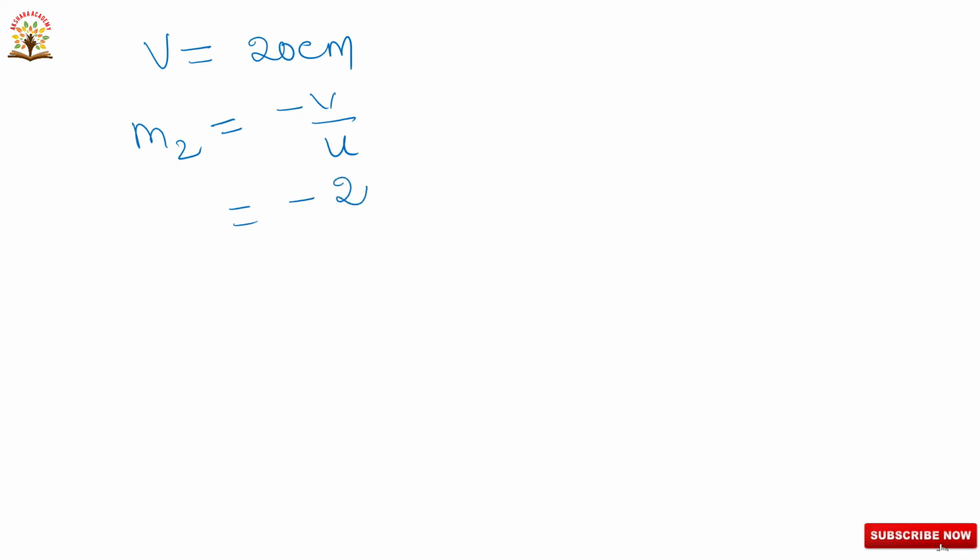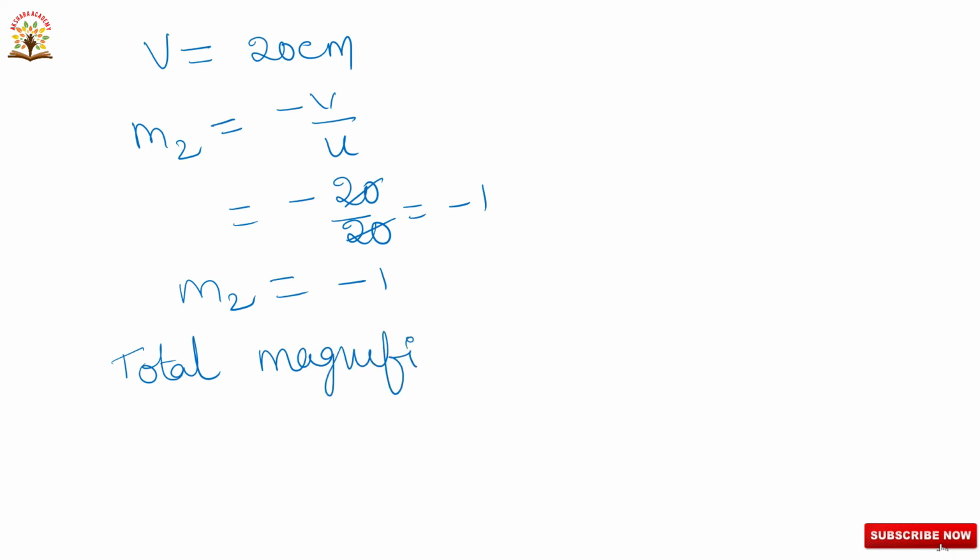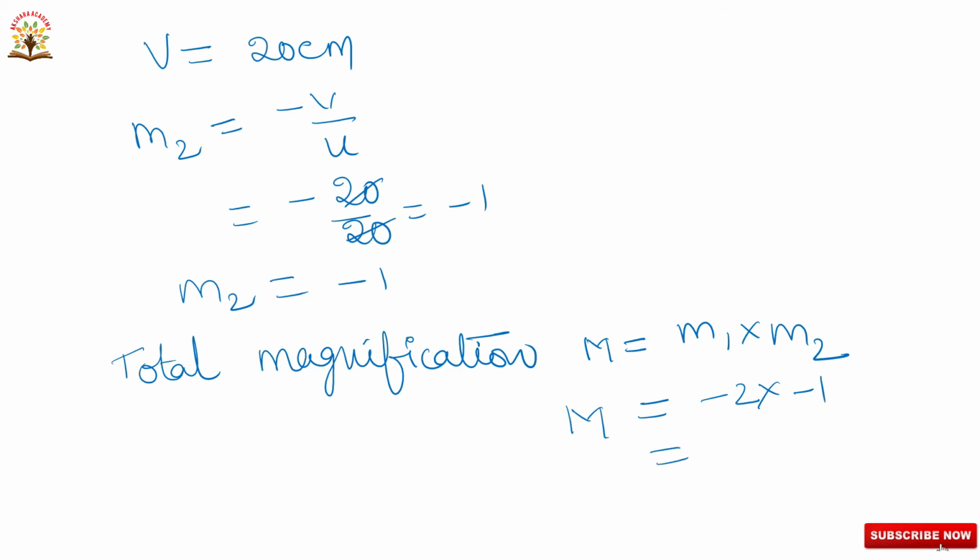Now M2 is equal to minus V by U, so minus 20 by 20, which gives M2 is equal to minus 1. So the total magnification M is equal to the product of M1 and M2, that is minus 2 into minus 1, minus minus is plus, so M is equal to 2.